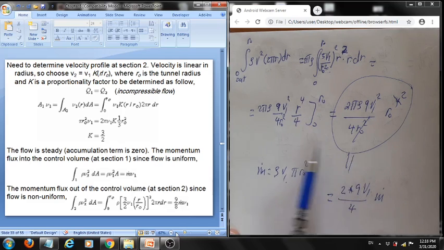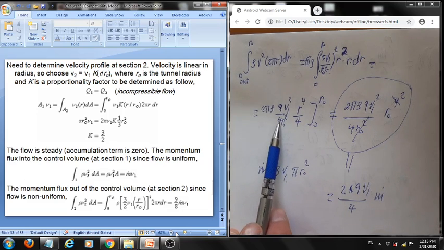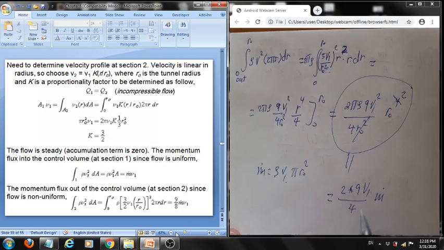Again, it looks like I have got to include this 4, which comes from the integration. Okay, so truly this becomes 9/8 m dot V1. Okay, as he has done in here.